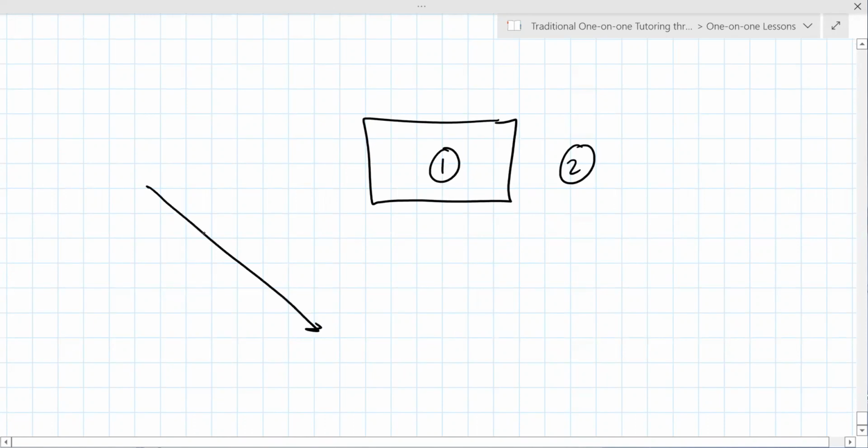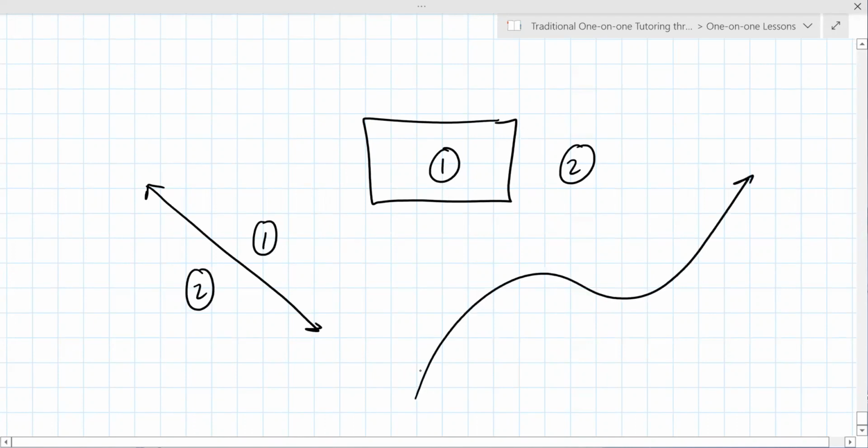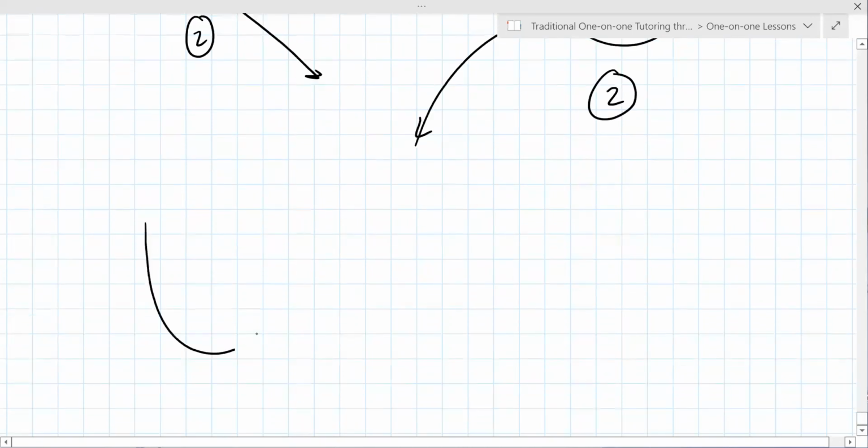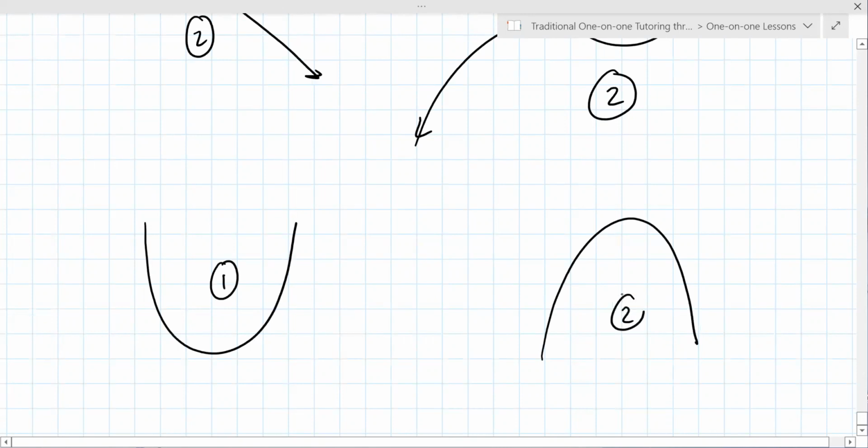If you have a line, there's two regions, over here on the right, over here on the left. Even if the line curves, there's still only two regions, one above and one below. So for a quadratic, whether it opens up or opens down, there's still only two regions, inside or outside, because these lines go up forever. So you can never cross into the other region.